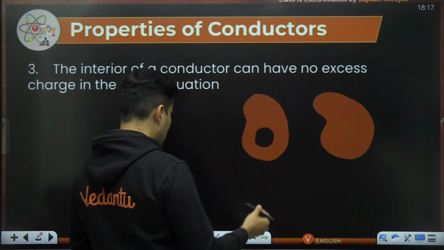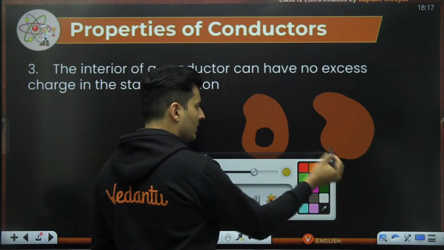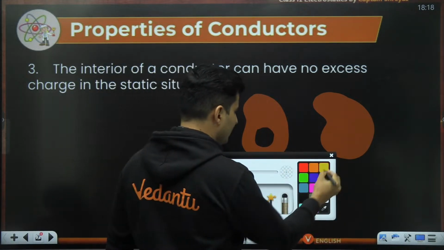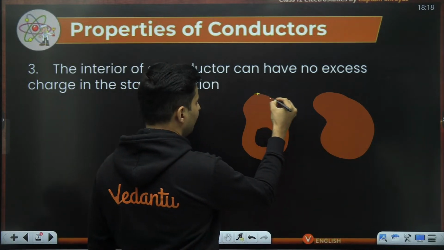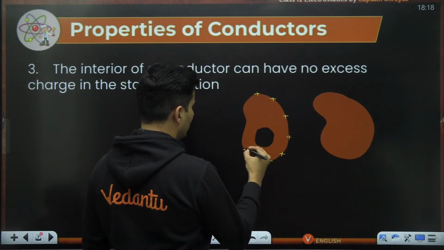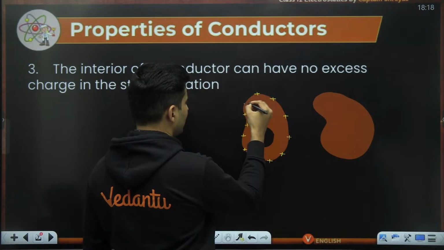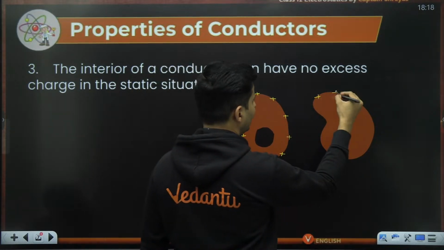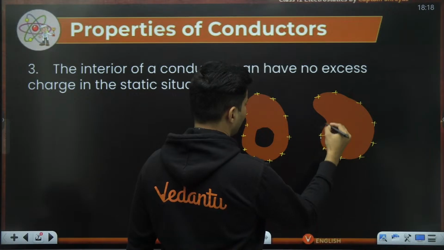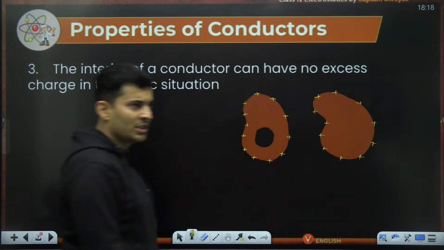Assume that there is no other charge, but the conductor itself is being given some charge. Then you will always notice that the charges on the conductor will lie on the outermost surface only, like this.